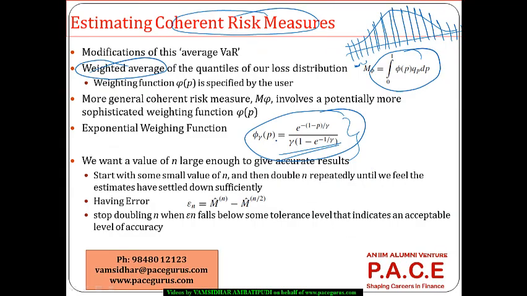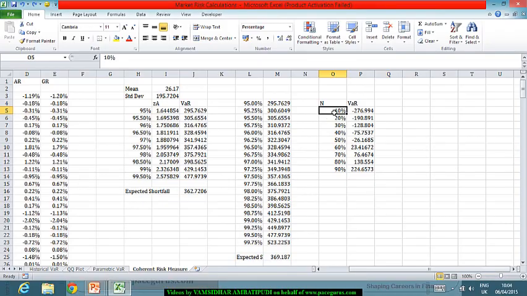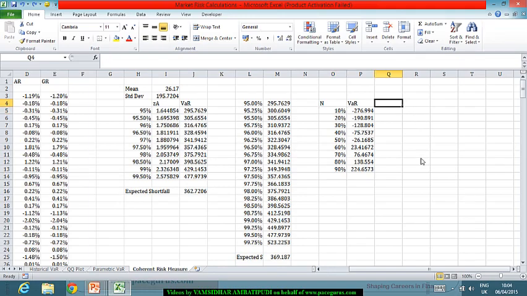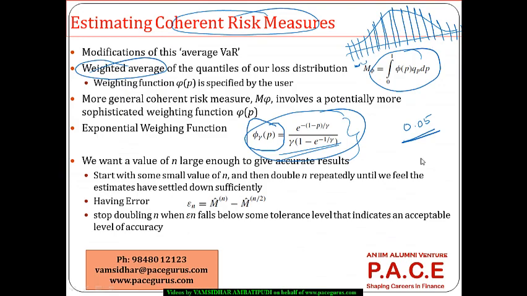Now I'll give a weightage. I go with this formula for giving the weightage: phi r equals e to the power of minus (1 minus p) by gamma, divided by gamma times (1 minus e to the power of minus 1 by gamma). Corresponding to this, I'll compute the weightage. Depending on the risk attitude, let's say I take gamma as 0.05. So corresponding to this, I'll give the weights. What is the weightage for me?